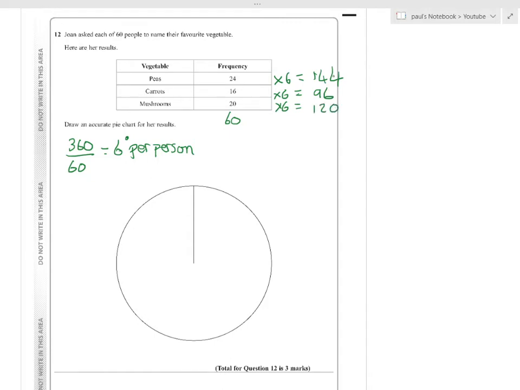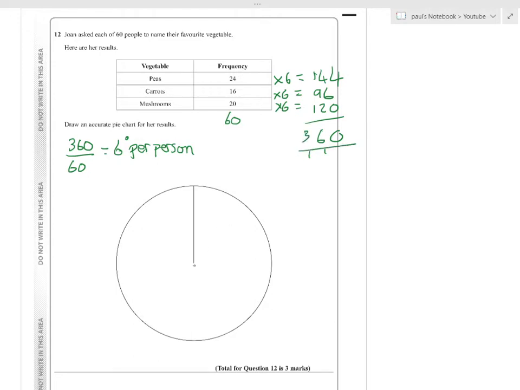So that lot should add up to 360. So it adds up to 360 degrees.